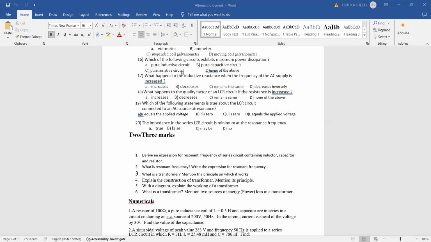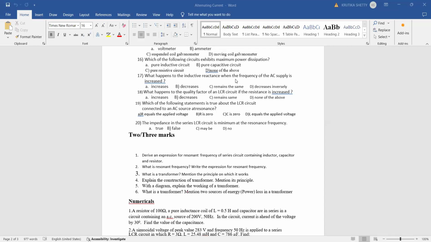In the inductive and capacitive circuits the power dissipation will be 0, since cos of 90 degrees is 0, whereas for the resistor it is 1. Correct here, students. That is for the resistive circuit, because for a pure inductive or capacitive circuit it will be 0.